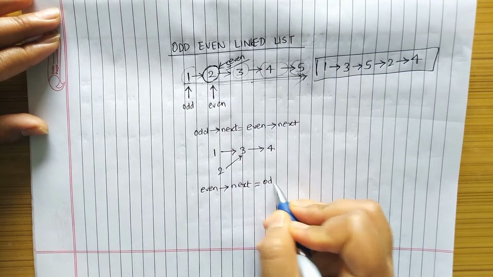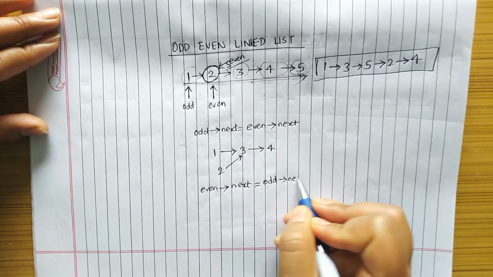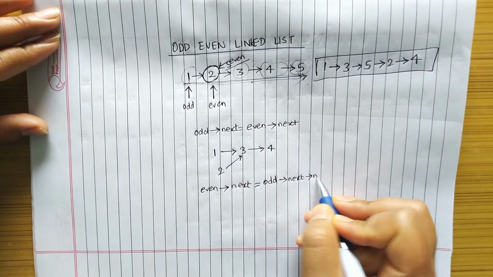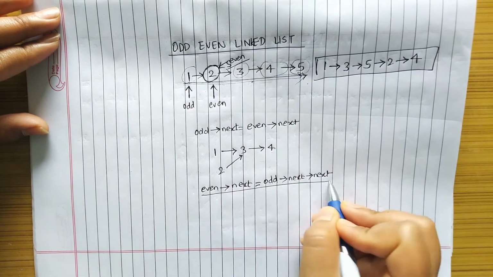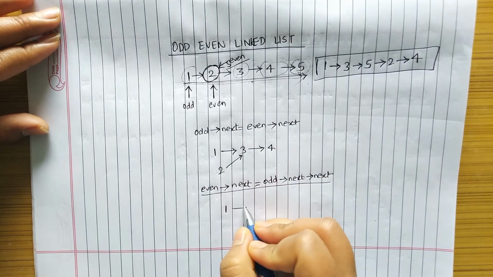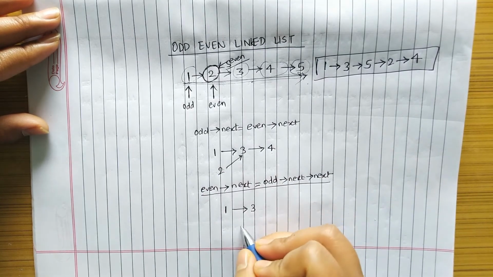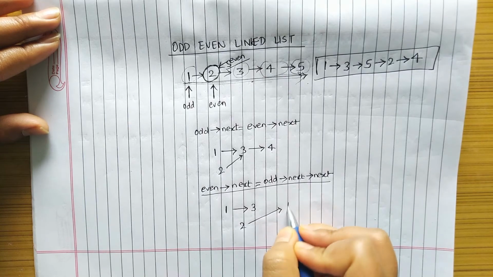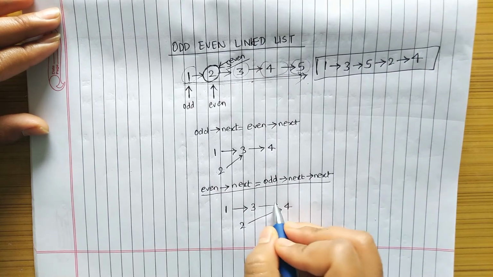So now we will have 1 connected to 3, 2 connected to 4, and 3 still connected to 4.